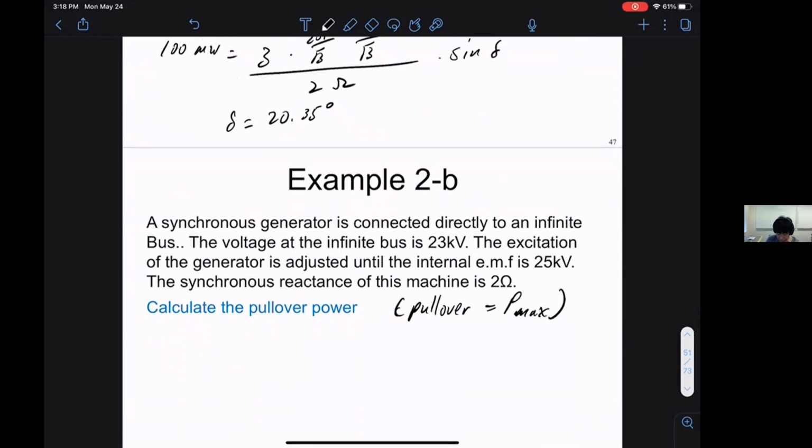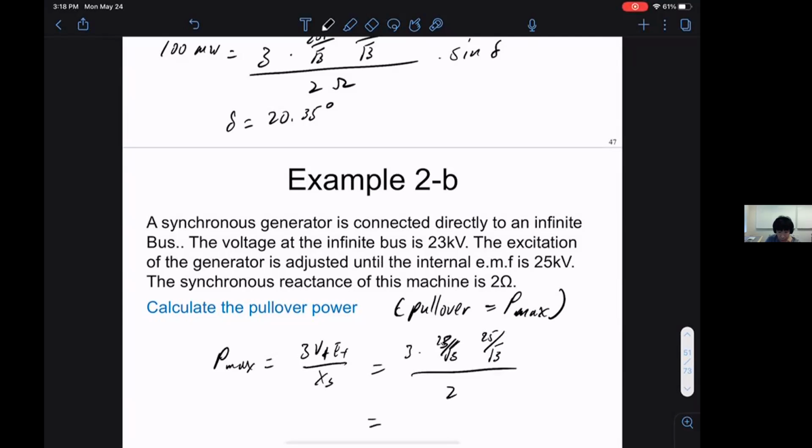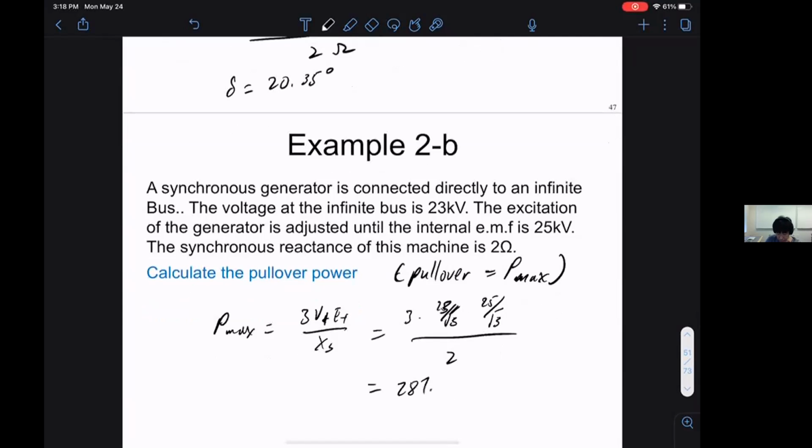So here the max power is 3 VT EF over XS. You assume the angle is 90 degrees, and you get 287.5 megawatts.